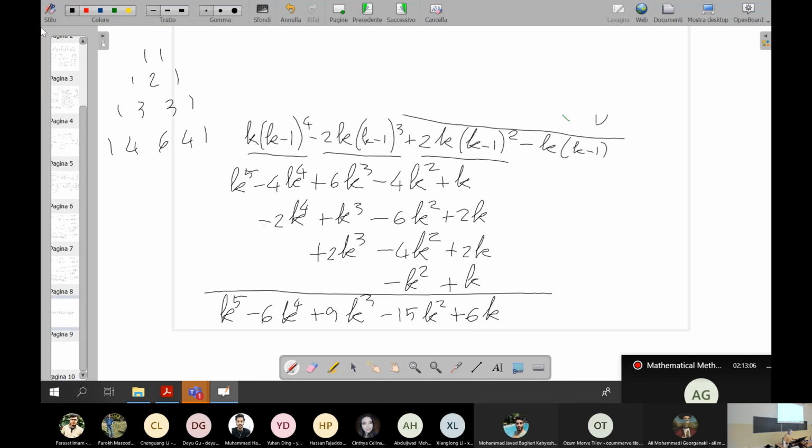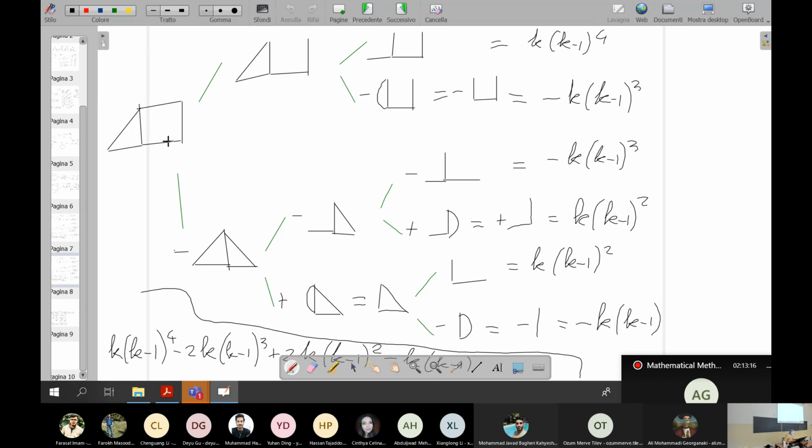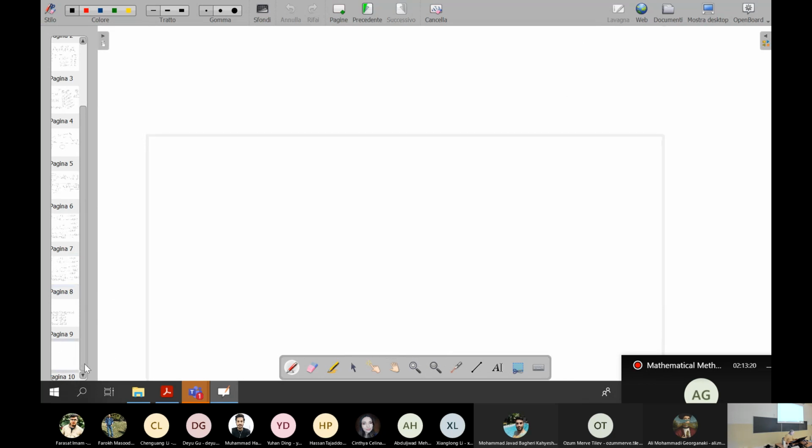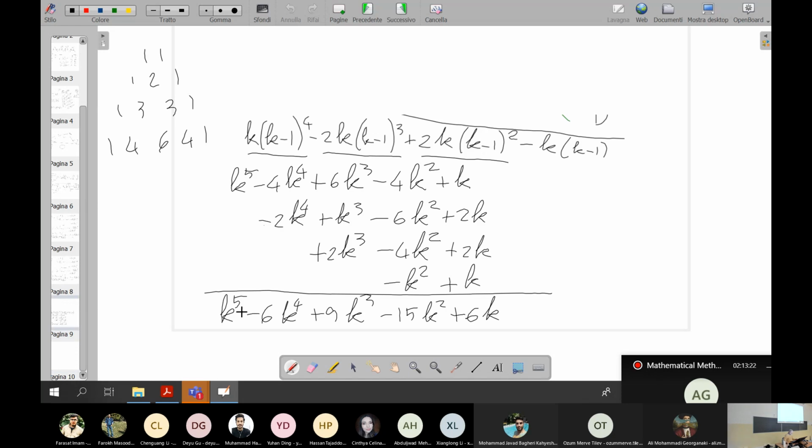Okay, how many vertices? 5. K to the fifth. Okay, how many edges? 1, 2, 3, 4, 5, 6. Okay, and actually we have minus 6 as the next. Then no constant term. Then alternating signs.